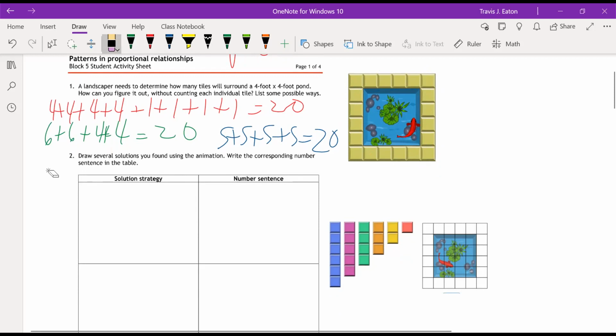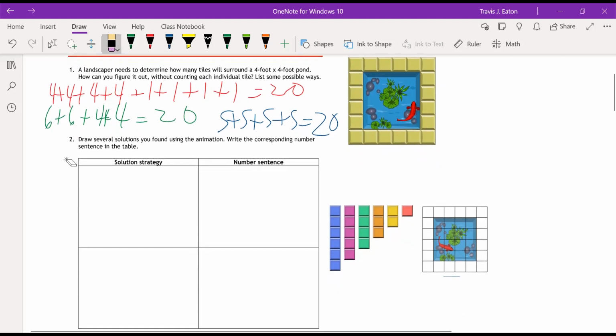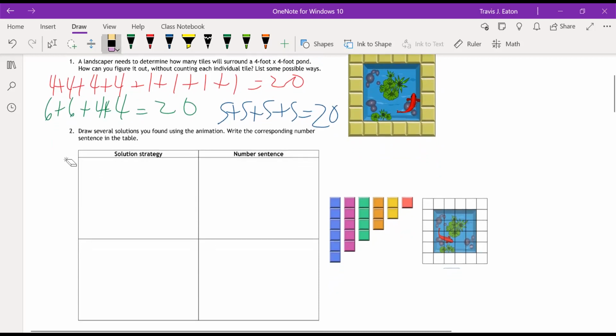All right. Now in question number 2, it says to draw several solutions that you found using the animation. Well, we don't have an animation, but we could. Let me bring that animation up here real quick. That's not what I wanted. Hold on.